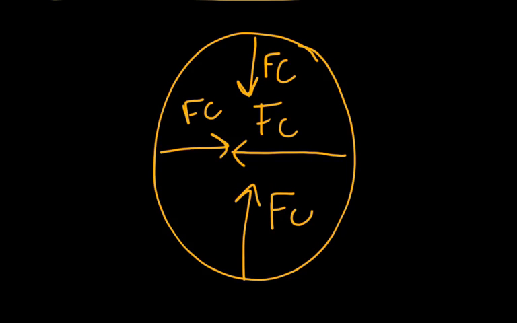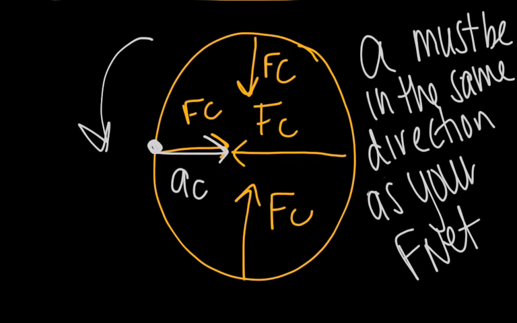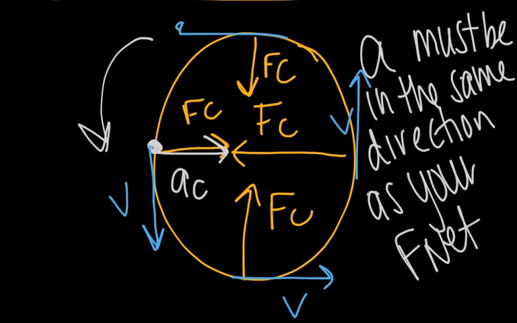Now, if you had an object that was moving around in a circle, let's say counterclockwise, our centripetal force would point towards the center. Our centripetal acceleration would also point towards the center, because we know that our acceleration must be in the same direction as the force. But our velocity will always be tangent to the circle, no matter which direction they're acting in.